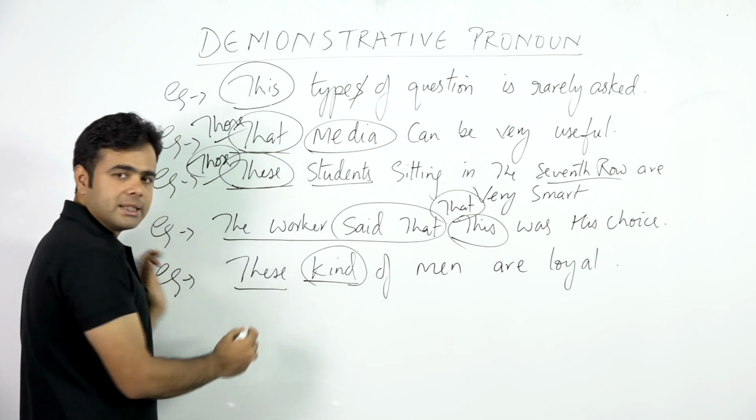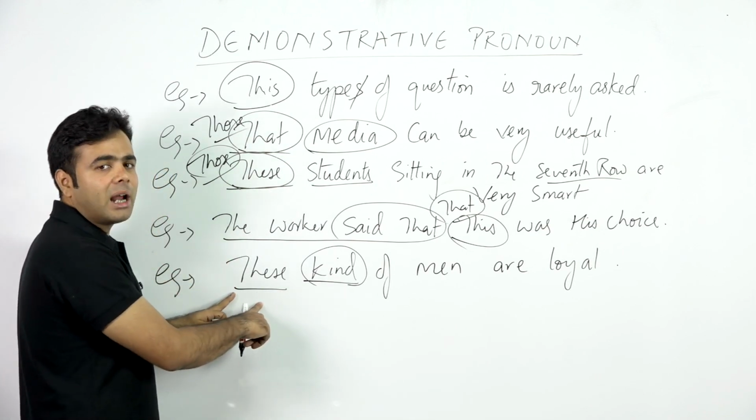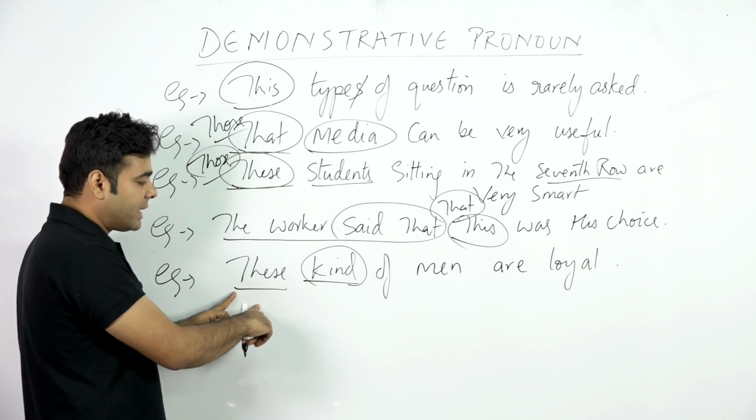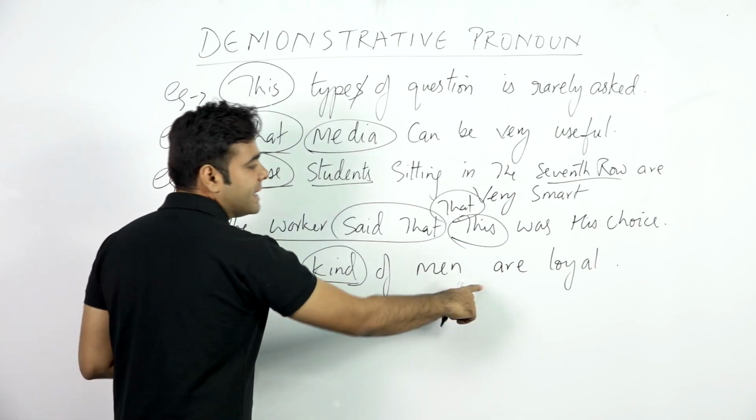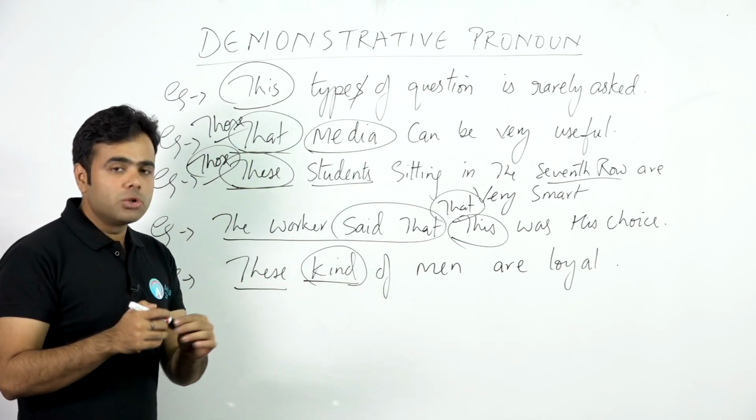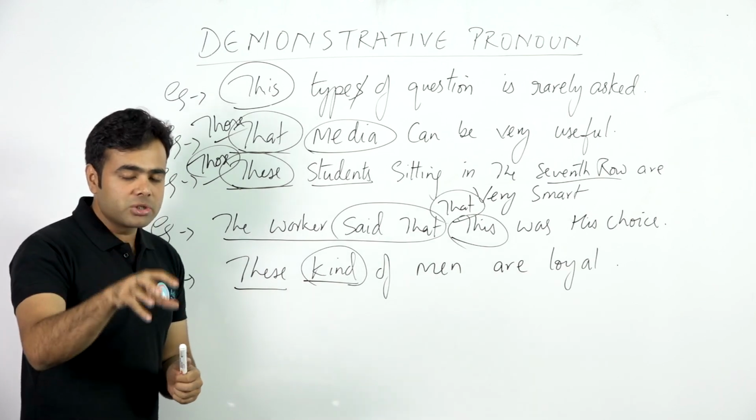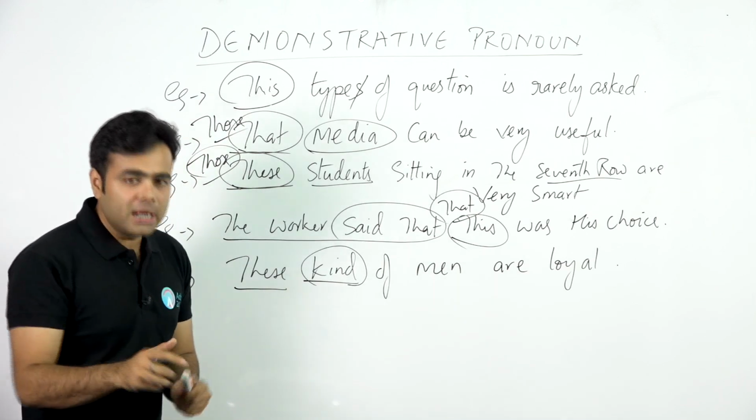Like how? If you have to use this here, then you can write: this kind of man is loyal. It means you are demonstrating a particular man who is loyal.